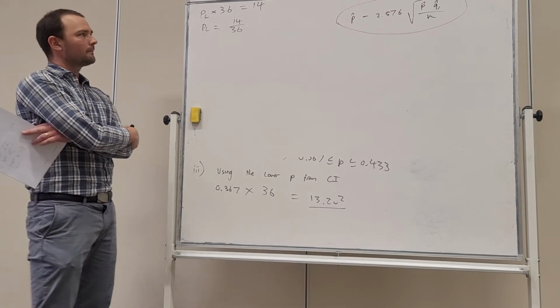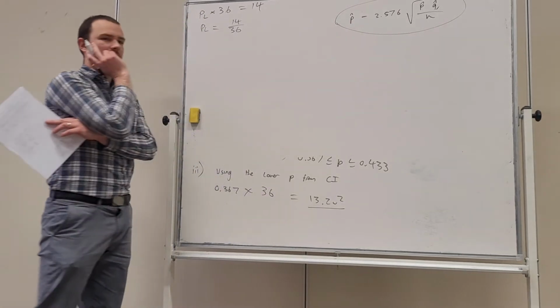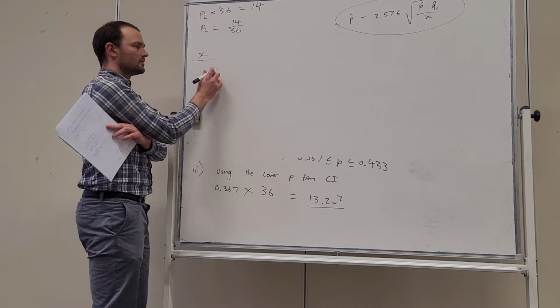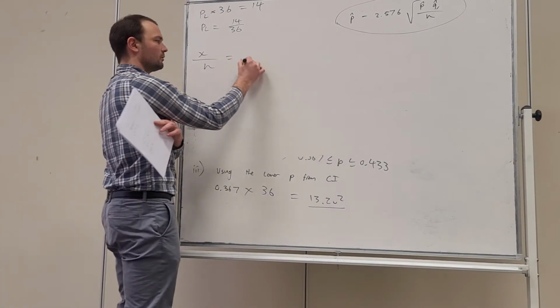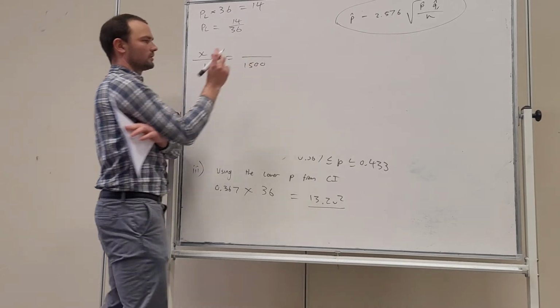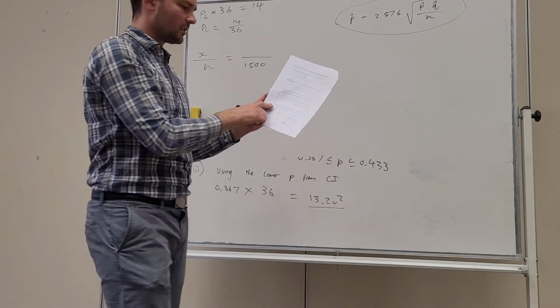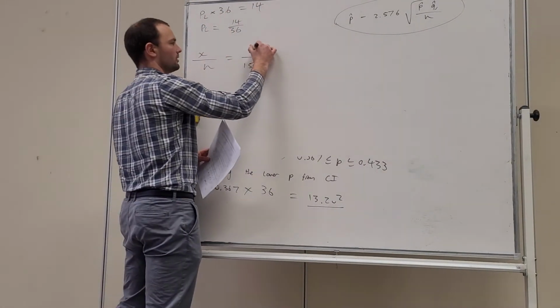So we have P hat. What is P hat in this circumstance? Well, P hat is the number of successes divided by the number of trials, isn't it? We're still sticking with 1,500 trials, and we're told, let M be the number of points that are in the shaded region.